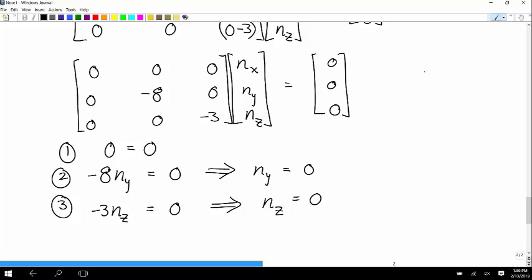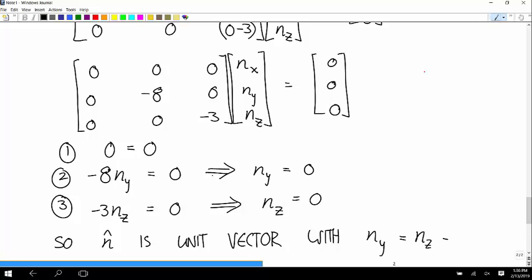So what's a unit vector where ny and nz are both equal to 0?